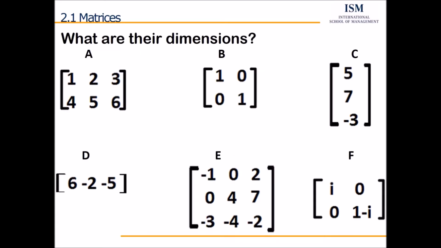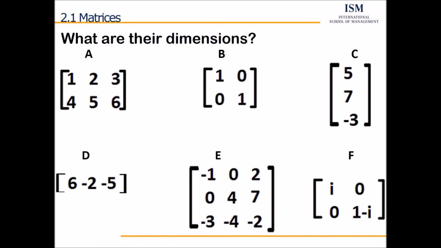Let's check the dimensions of these 6 matrices. Matrix A is a 2 by 3 matrix. Matrix B is a 2 by 2 matrix. It is a square matrix. Matrix C is a 3 by 1 matrix. Matrix C is a column vector.